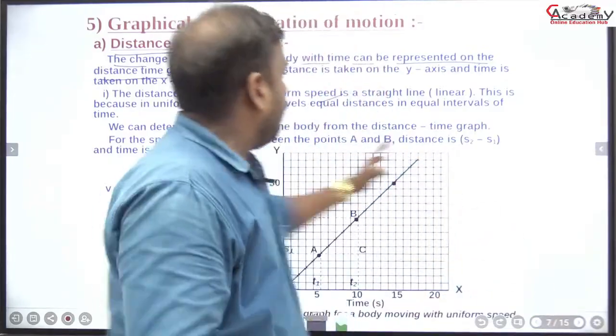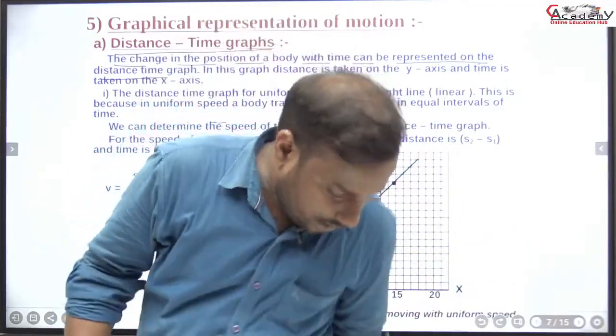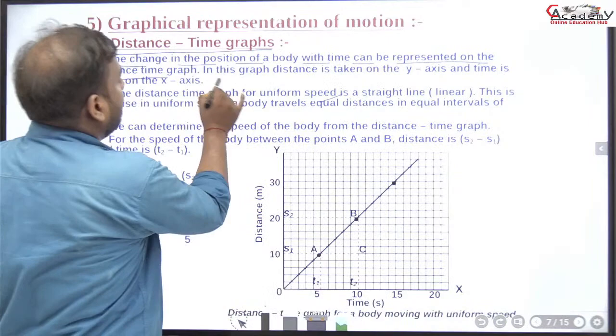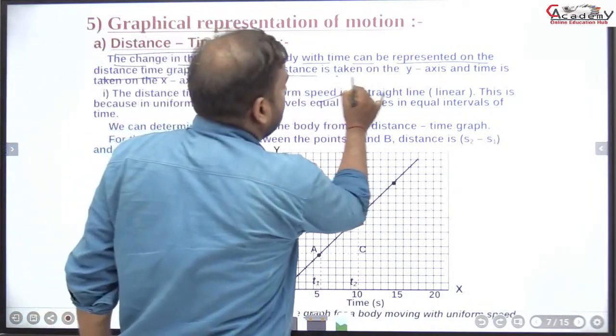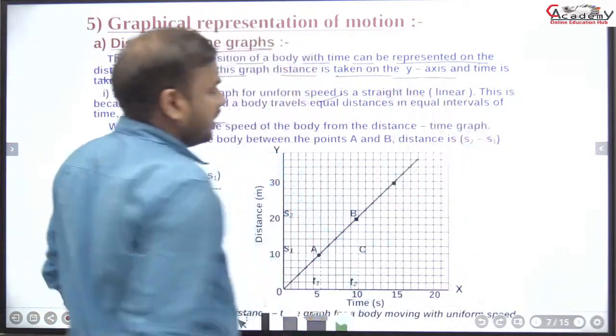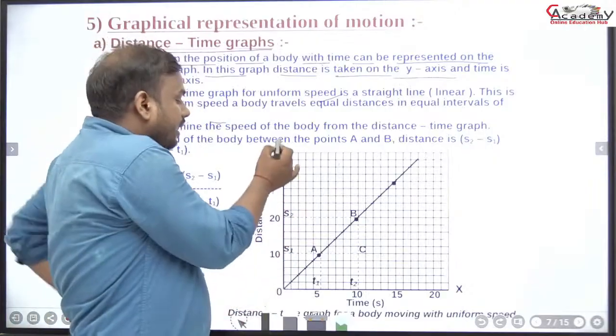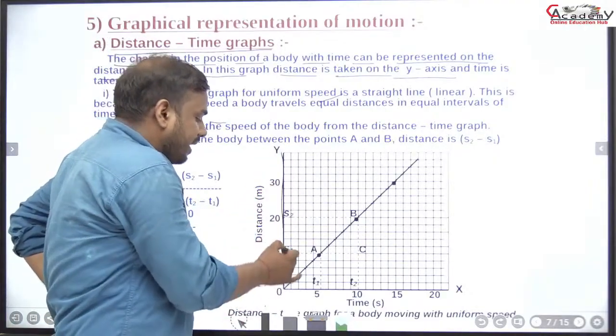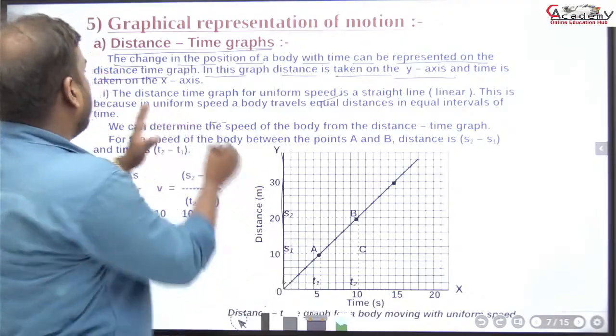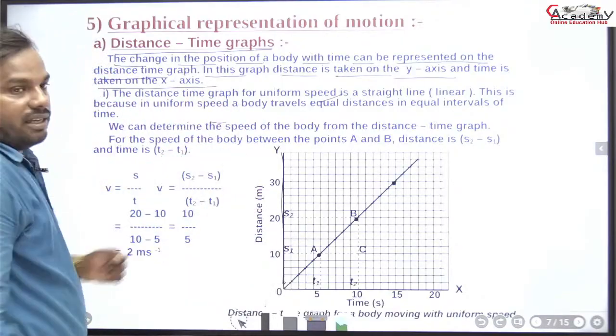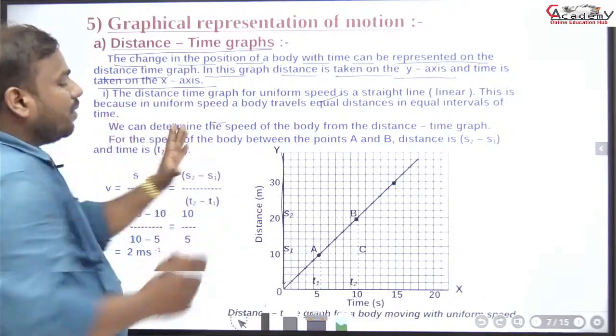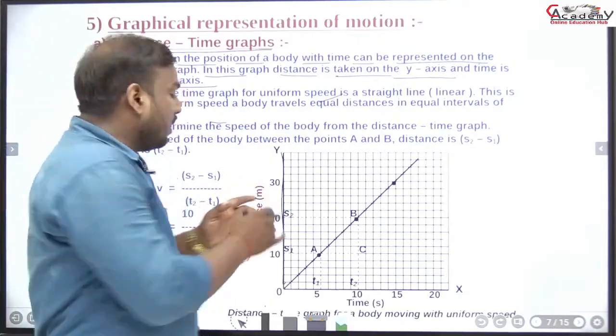Now what is next here. In this graph we take distance on the y-axis and time on the x-axis.